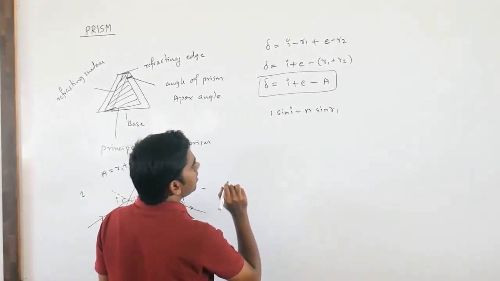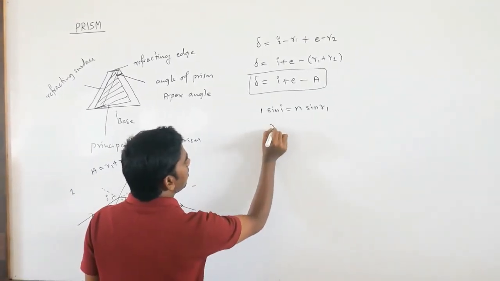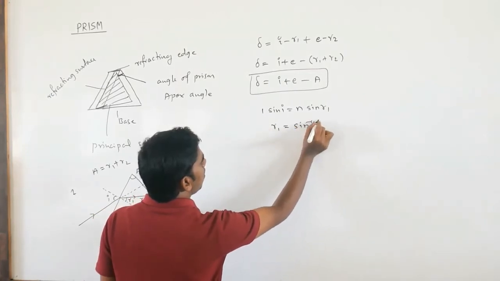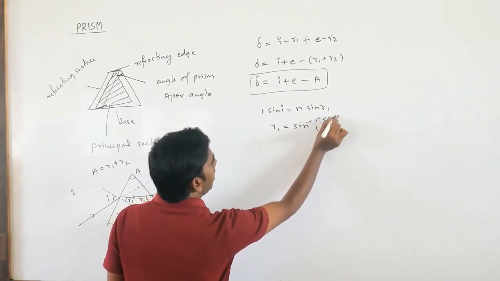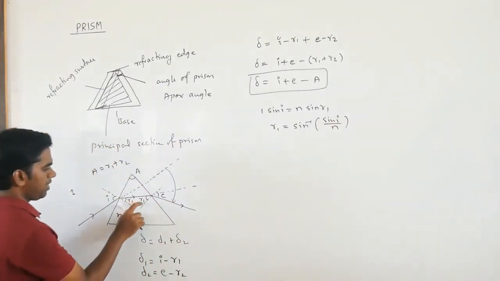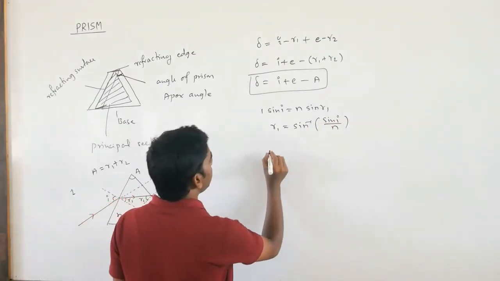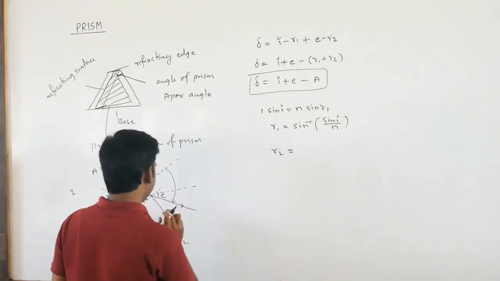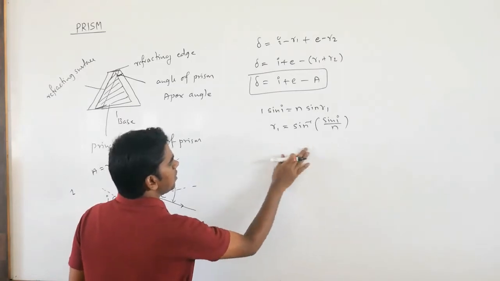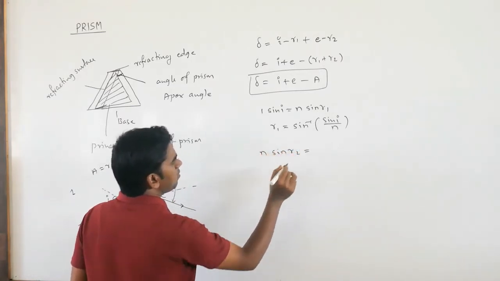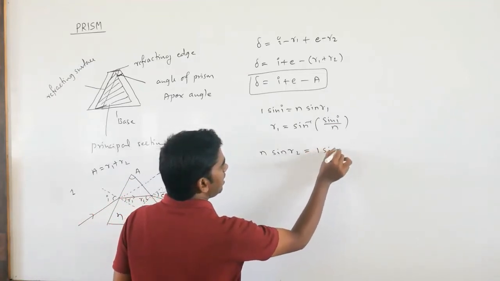So R1 equals sine inverse of sin I divided by n. Then you want R2. You can apply Snell's law at the second surface, so it becomes n sin R2 equals 1 sin E.